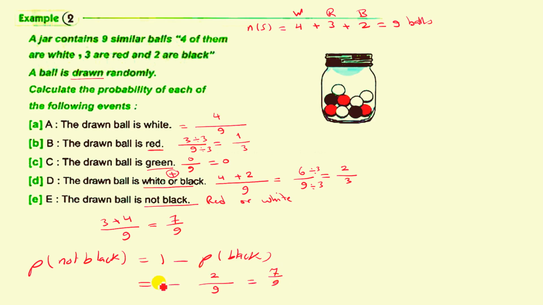We can consider the 1 as 9 over 9, so 9 minus 2 is 7 over 9. This is another way. So when it is not black, it is 1 minus the probability of black. Not red is 1 minus the probability of red. Probability of not white is 1 minus the probability of white. This is another solution for this example.